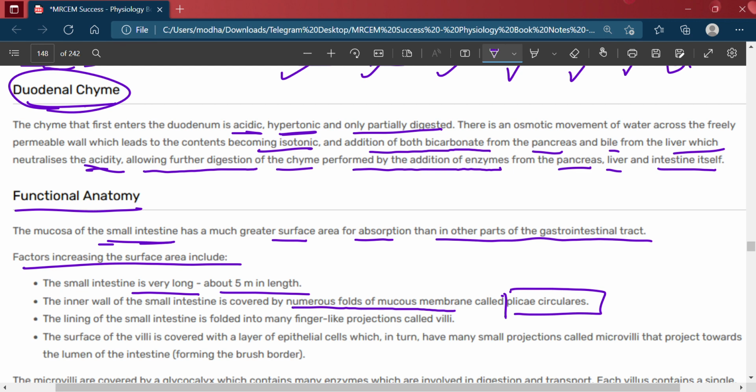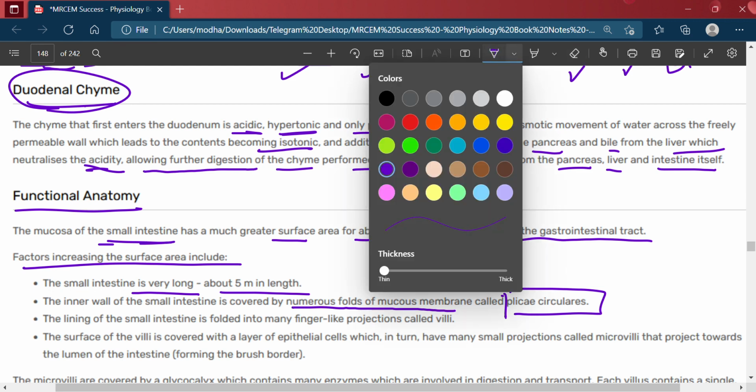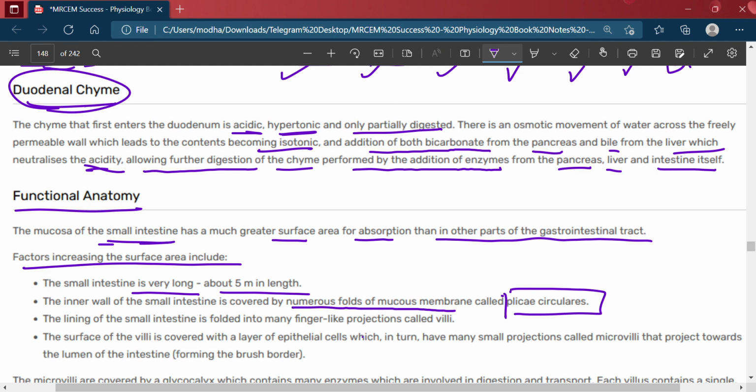The lining of the small intestine is folded into many finger-like projections called villi.